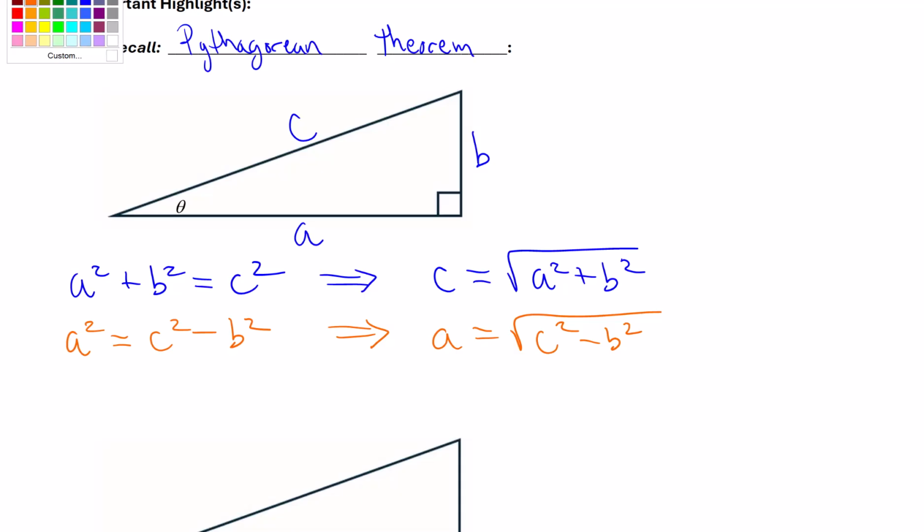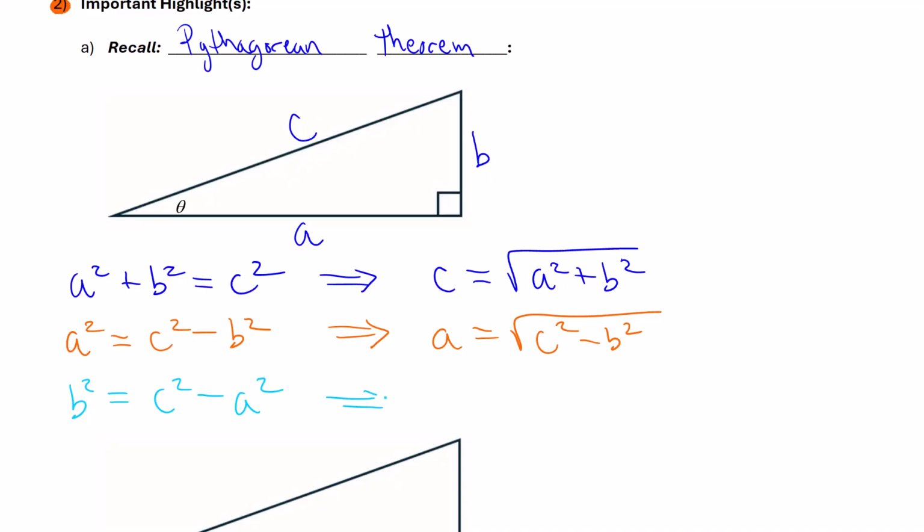Why we might talk about all this will come into play shortly, but let's do one more iteration here. What if I again took the original Pythagorean theorem equation of a squared plus b squared equals c squared, and this time first solved for b squared? Of course, that would happen by subtracting a squared from both sides, leaving us with b squared equals c squared minus a squared.